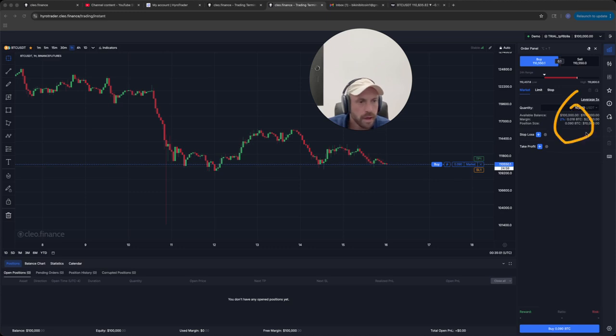Here we have 10K, and we can also look at 2% is our margin, and that's because we're using 5x leverage. So if we really wanted to use truly 10% of our account, we would actually pump this to 50,000 because we're using 5x leverage, and that would be 50,000 USDT is the trade size.